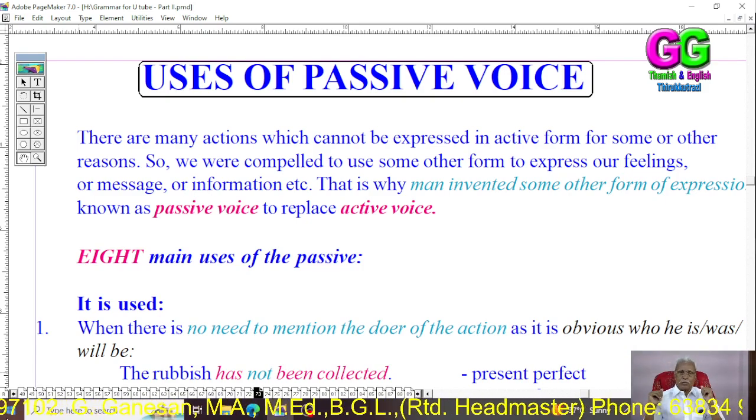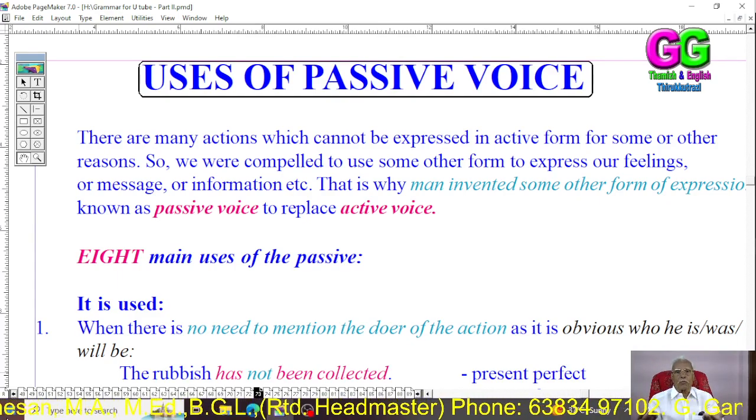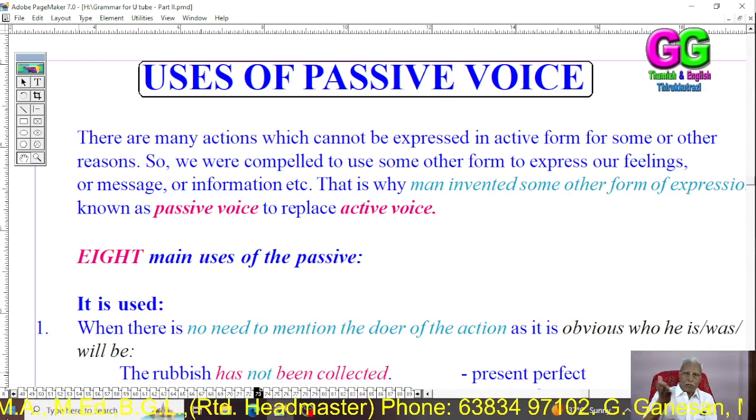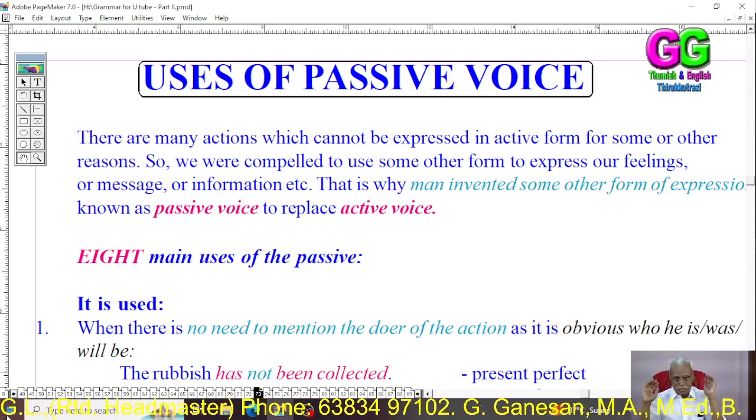It is not possible. That is why our forefathers invented some other form of expression instead of active voice. That is called passive voice.